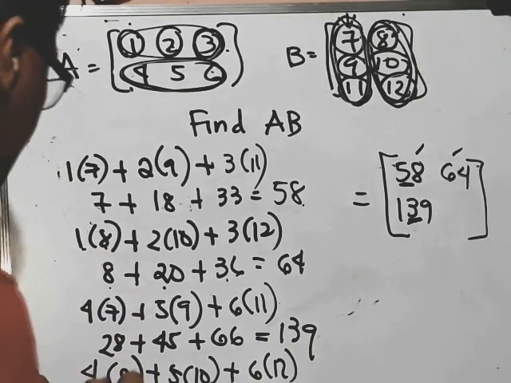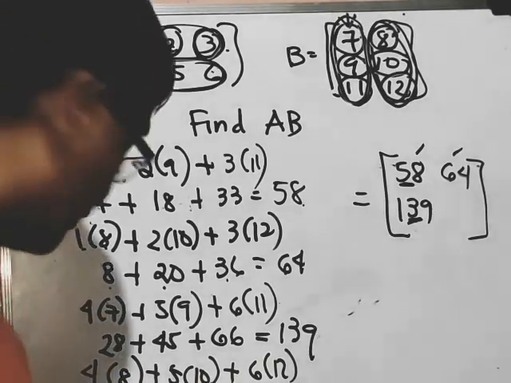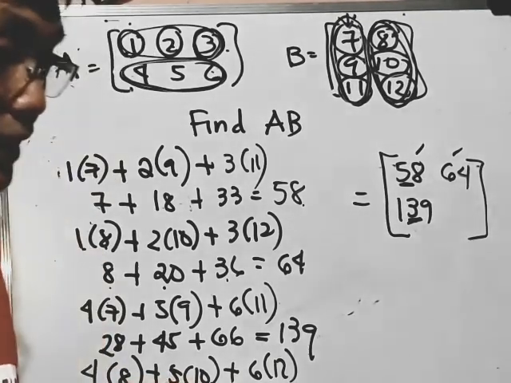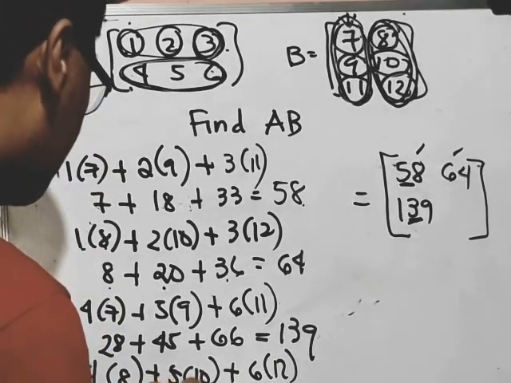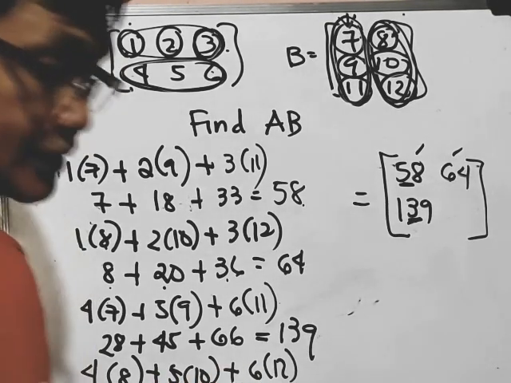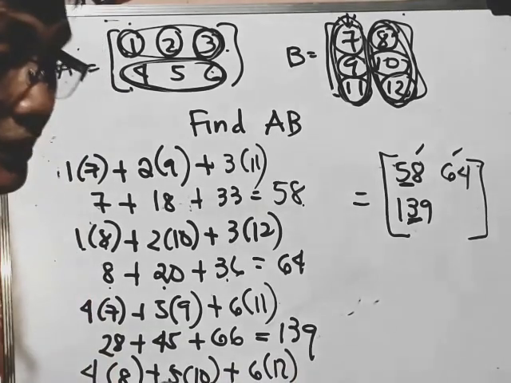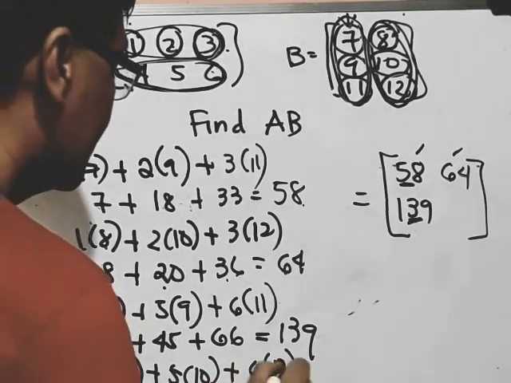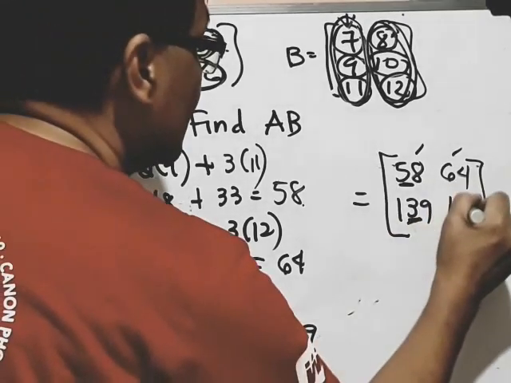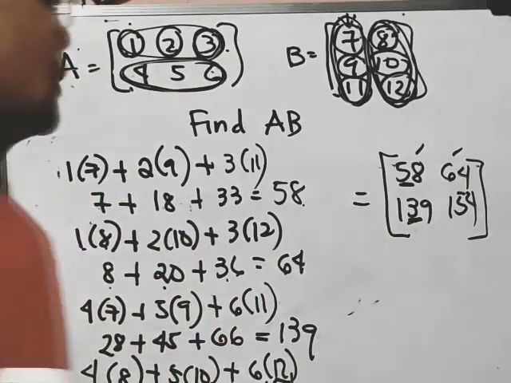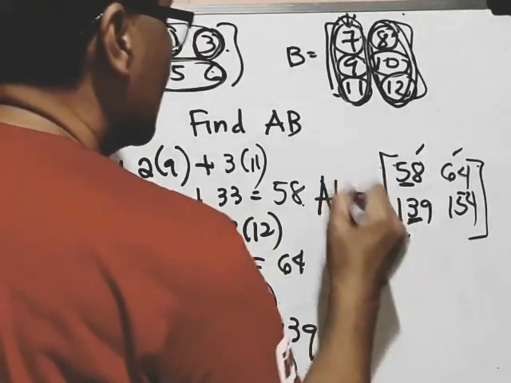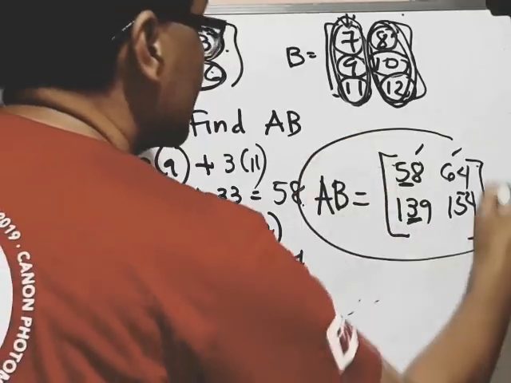Okay, 4 times 8 is 32. 5 times 10, 50. Plus 6 times 12 is 72. Pag i-add natin sila, ang magiging answer is 154. So, ito yung ilalagay natin sa pang-apat na entry. So, ito ngayon ang answer.